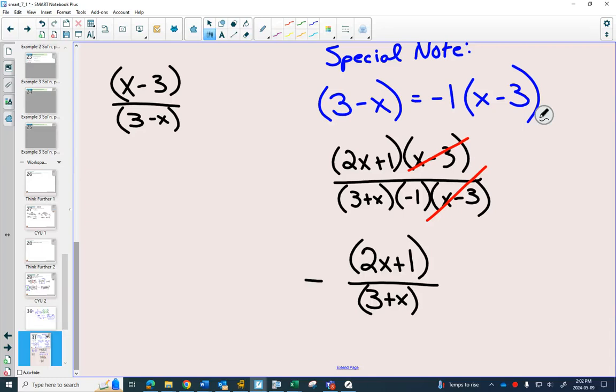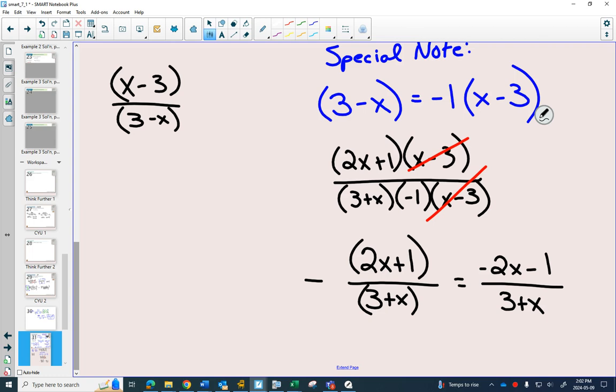It's the same as a negative 1 out in front of the fraction. It's the same as you deciding to distribute the negative 1. So if I put this negative 1 into the top of my fraction, I get negative 2x minus 1 over 3 plus x. That is also the same.